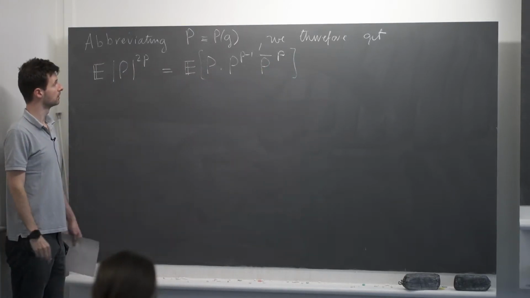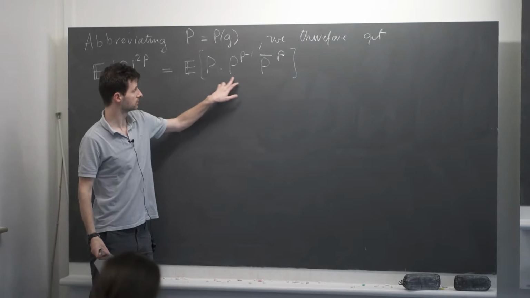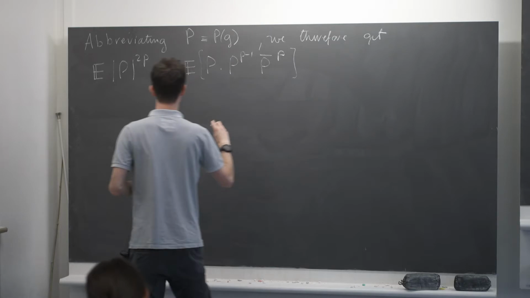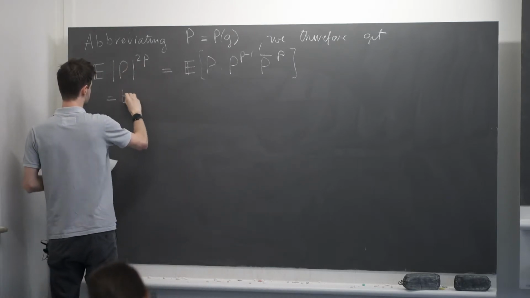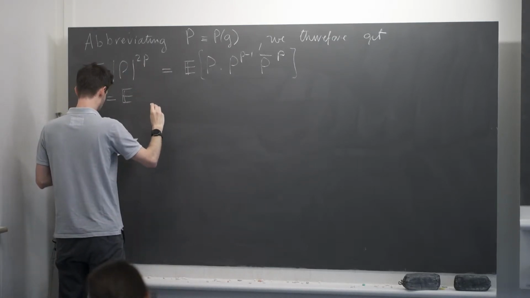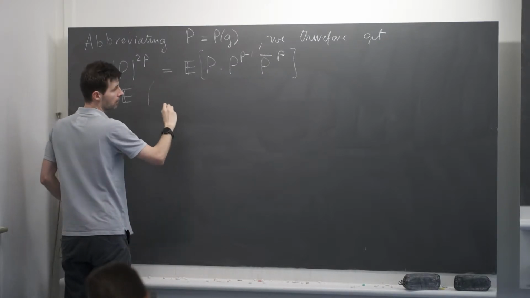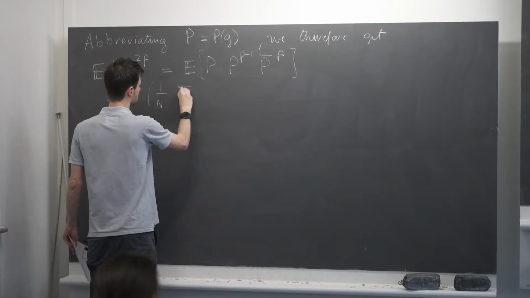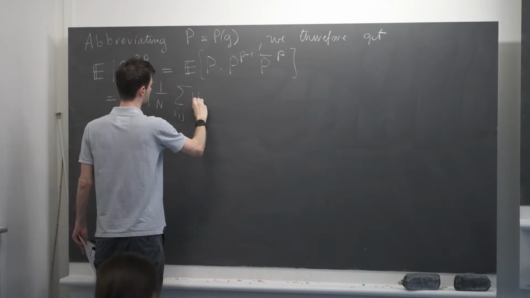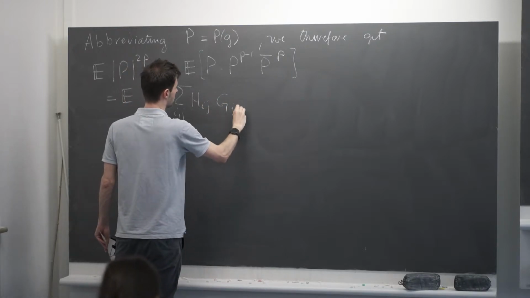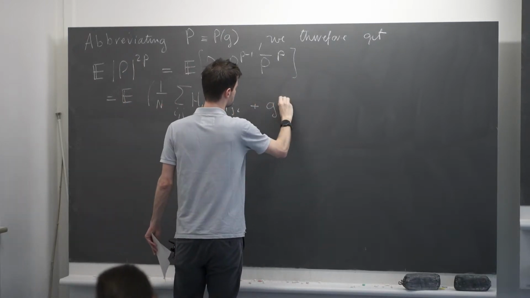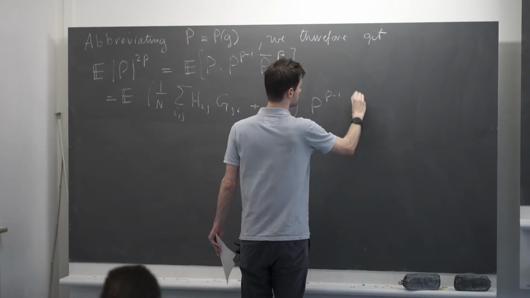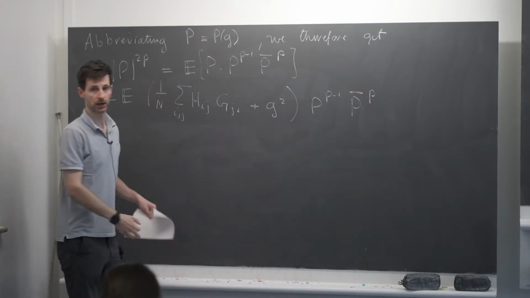Now I will not touch these for now. I will just rewrite this using that identity. So this is equal to the expectation of 1 plus zg, which gives me 1 over n, sum over ij, h_ij g_ji, plus I still have the g squared, and then I have my P to the p minus 1 and P bar to the p.